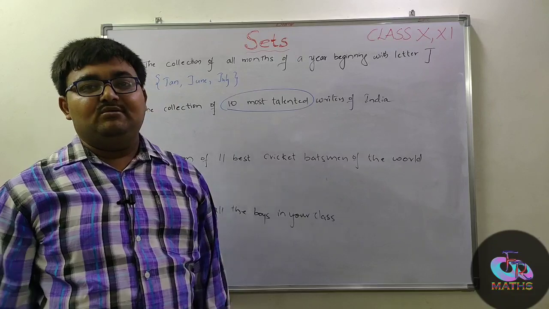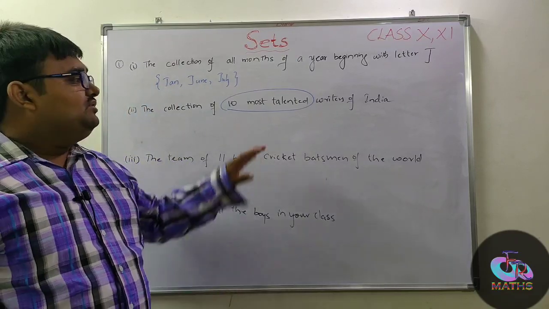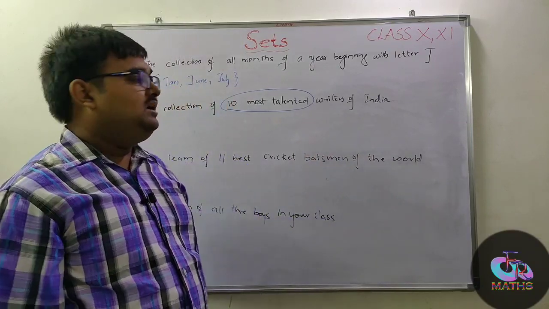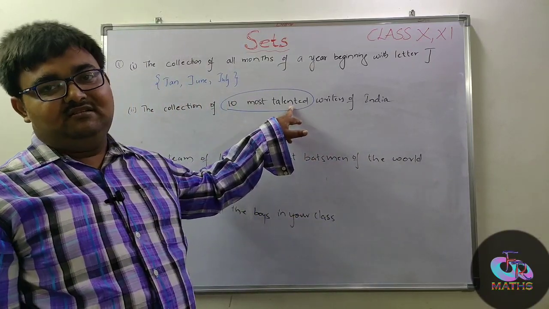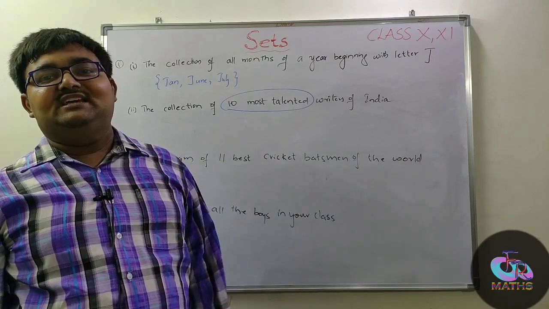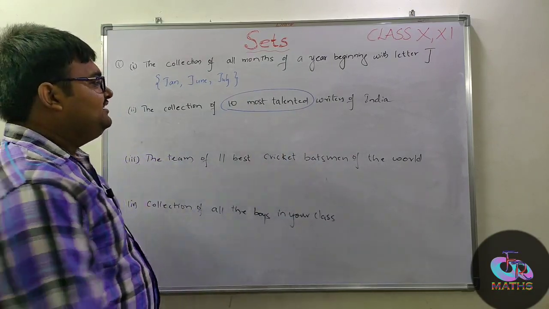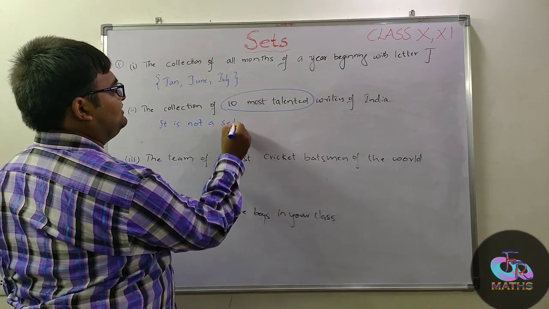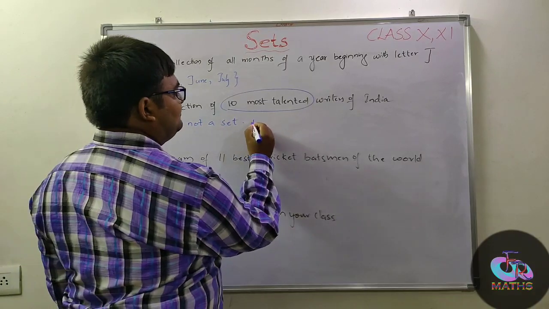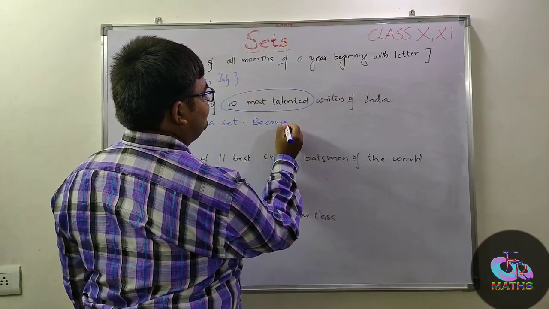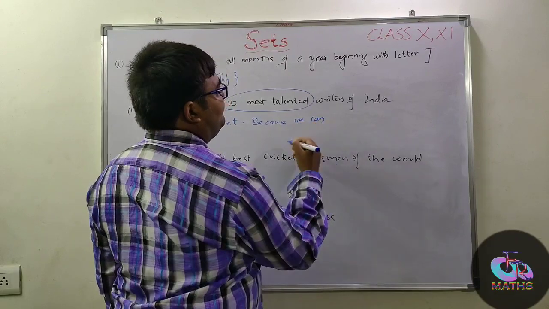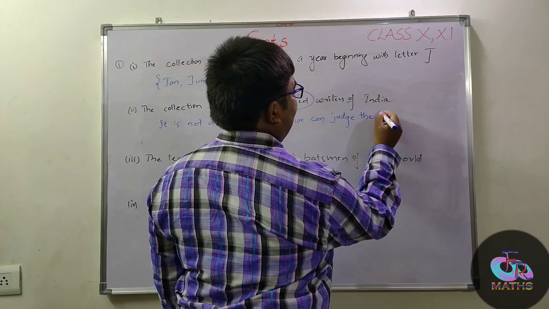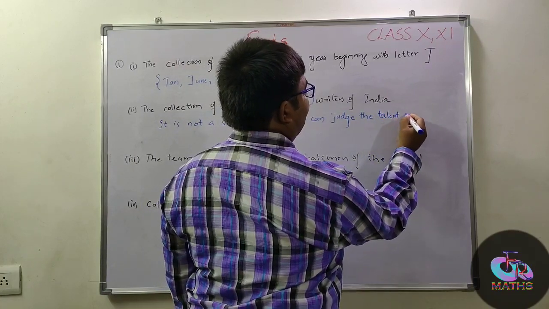Some may have their own 10 best writers, depending on the generation they will have their own top 10, or we cannot judge the talent of the writer. That's why we cannot say it is well defined. So it is not a set, because we can't judge the talent of writers.